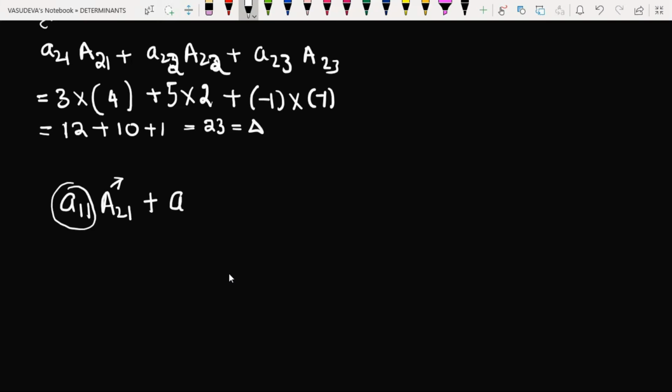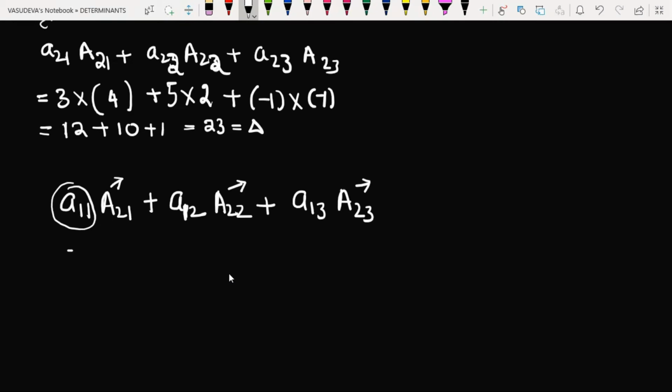So now A22, A12, let us take A12, A11, A12 into A22 plus A13 into A23. See, second terms are the cofactors of the second row, first terms are the elements of the first row.